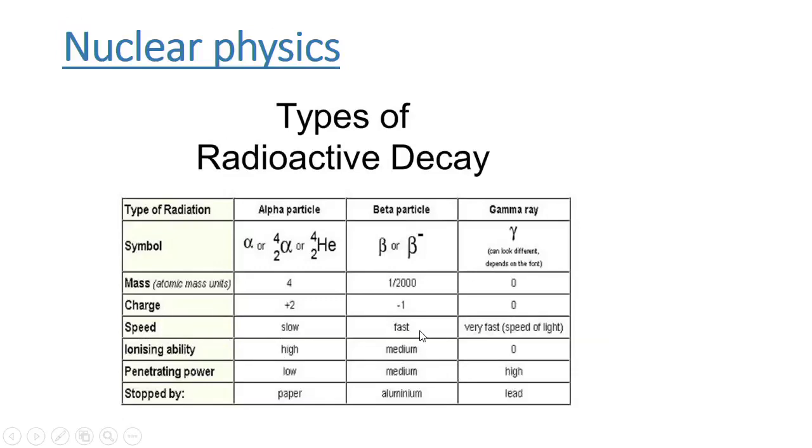Beta rays are fast, but gamma rays are even faster because they are also part of the electromagnetic radiation. They move at the same speed as the speed of light, which means they are very fast.